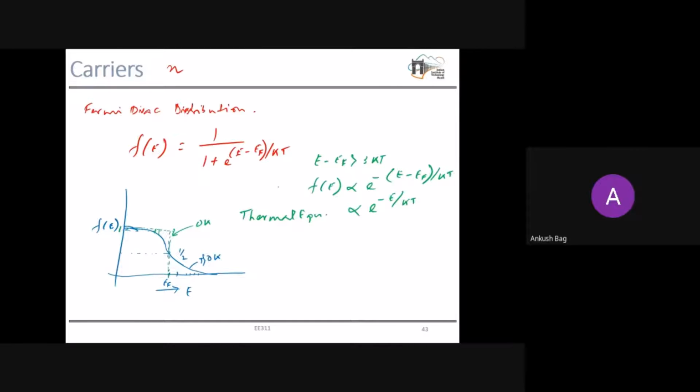So now you can see from here to here we can simplify when E minus EF is greater than 3 kT. And this particular distribution, if you know, is the Boltzmann distribution. You can see this is a lot simpler version than the actual Fermi function.